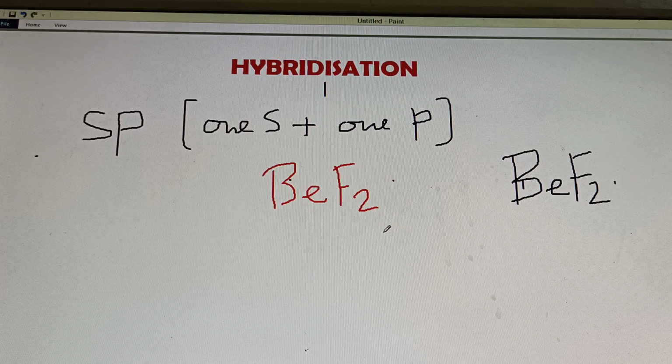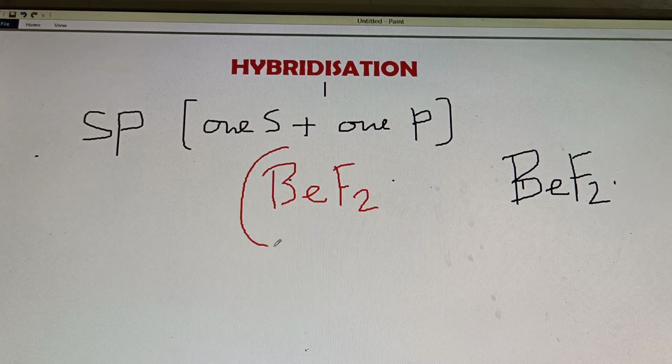So we should take beryllium as the central atom because its electronegativity is lower. The more electropositive element will be considered as the central atom.